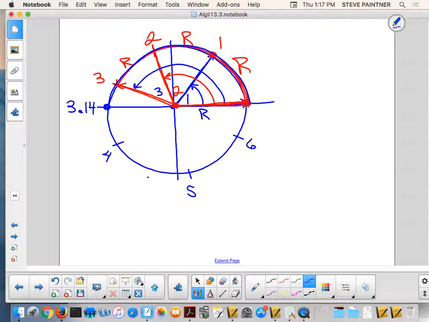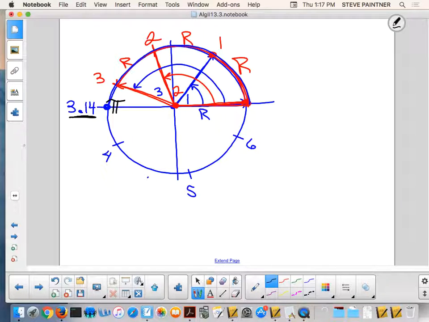But what is 3.14? Pi. So when it comes to radians, how far is this? Pi radians. We don't say 3.14, even though that's what it is. We say pi radians. Now, try to understand when I write pi, I'm writing a number.